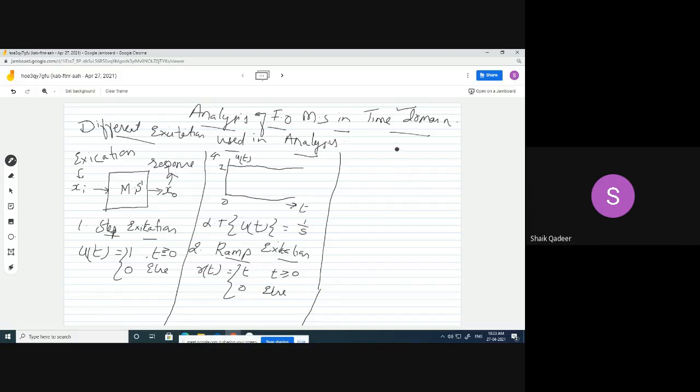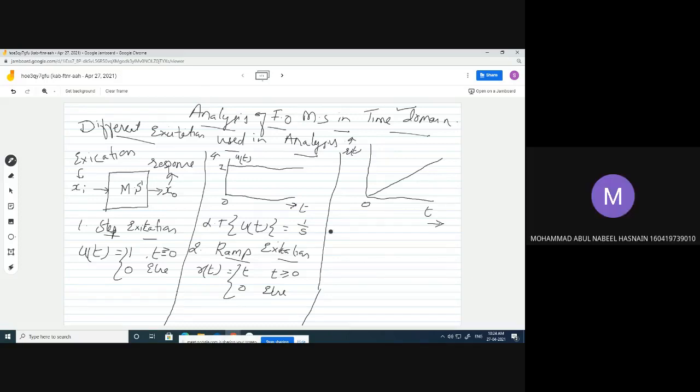If you try to make the sketch of this, x-axis t, y-axis r of t, you will get a linear, straight line. So r of t is nothing but equal to just t. The relation between r of t and t is simply a straight line. Is it clear to everybody?